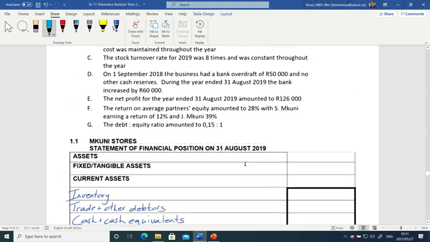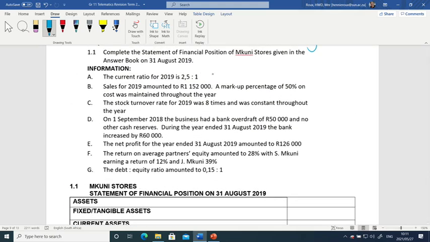So there we've got 1 mark, just because we know that those two must be equal. When we look at the information, the current ratio for 2019 is 2.5 to 1. Current ratio will be your current assets towards your current liabilities. And we know that is 2.5 to 1. But they gave us the current liabilities. They said that the current liabilities is 95,000. That was given.